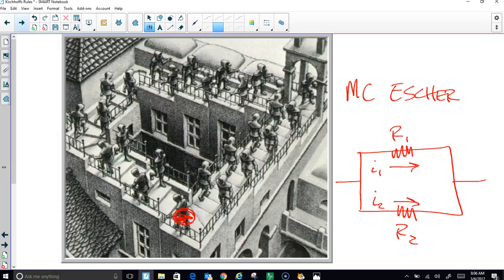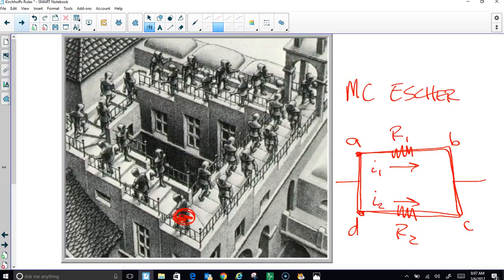That arrow represents the current. So if I were to start here at spot A and then go through resistor 1 and then go to B and then C and then through resistor 2 and then D and then back to A. If I was to start here and walk around this loop, all my ups, my voltage rises, have to be equal to my voltage downs. In other words, the sum of them all has to be 0.